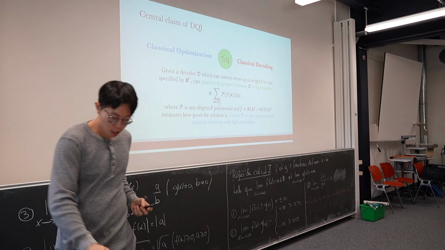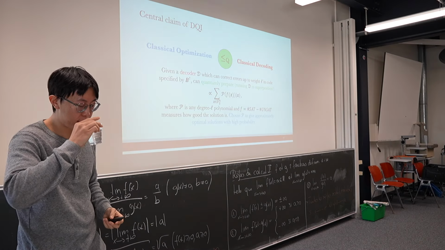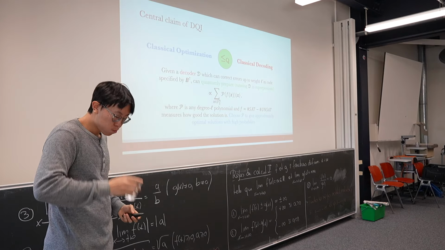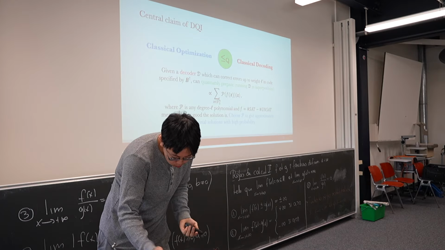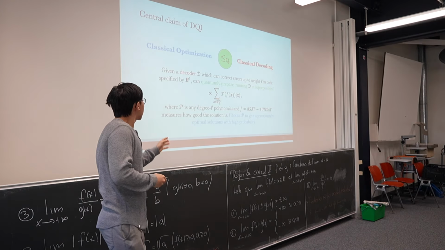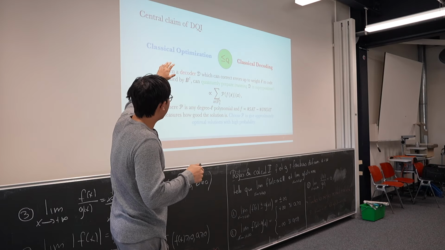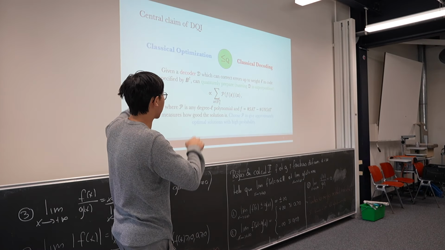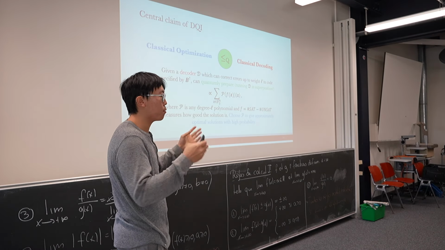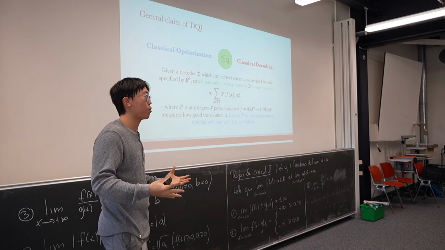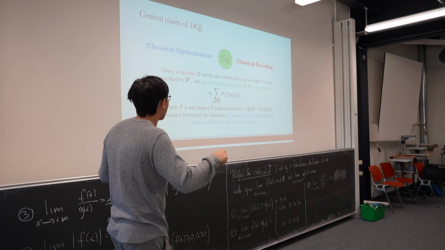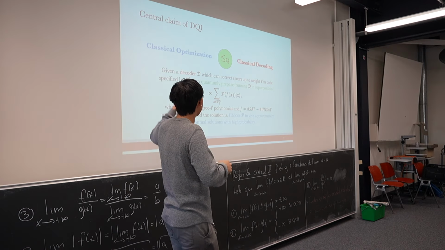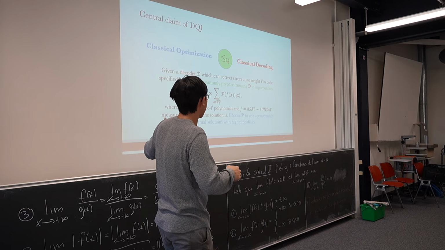So let me be a little bit more concrete about exactly how DQI does this. What's going on here is DQI takes the decoder as an input. We have to figure out how to do the decoding. That's how reductions work. And then it's going to prepare the following state by running this decoder in quantum superposition.